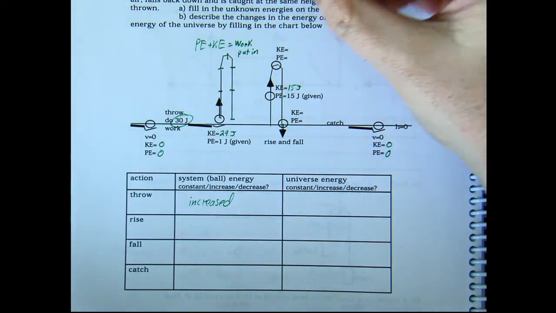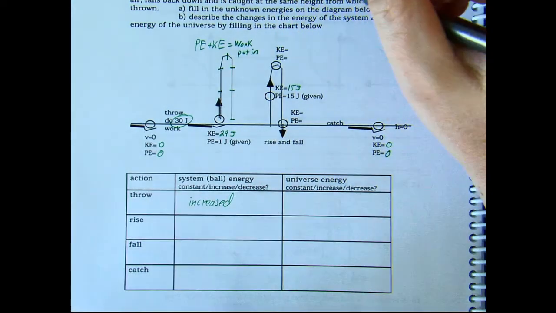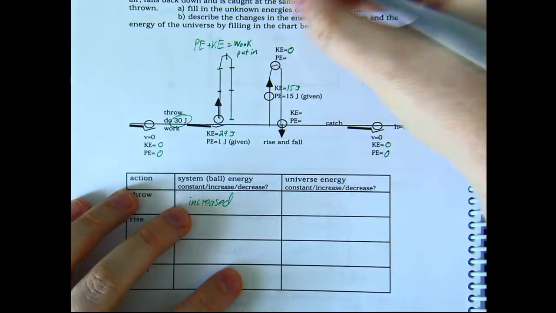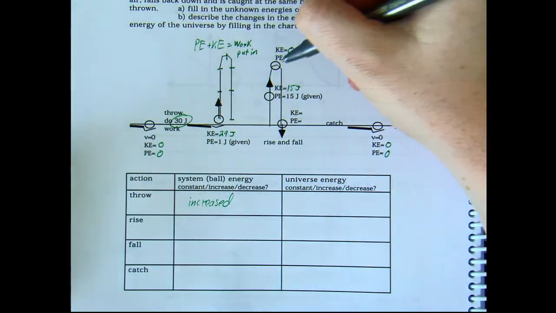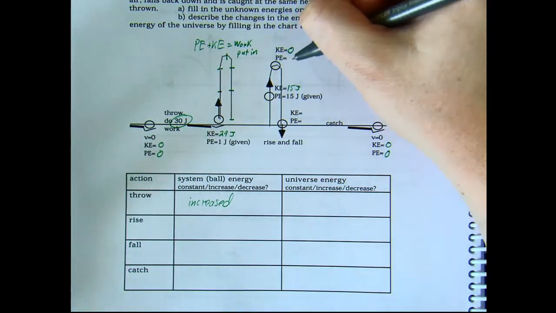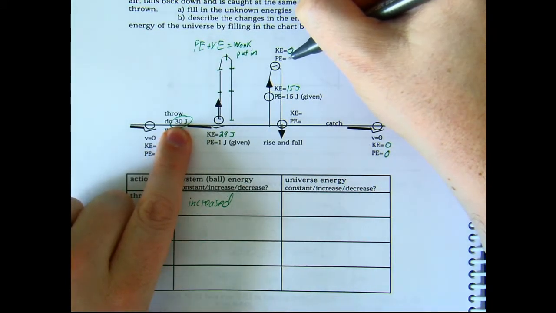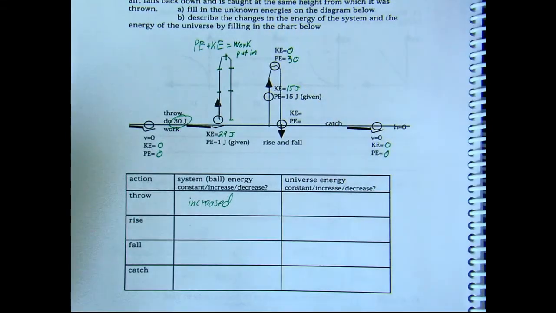At the top, what's it going to have? Well, at the top, we know that the reason it is the top is because for a brief moment, this thing stops moving. So the kinetic energy here is 0, so then what's the potential energy? How much energy is potentially available to this ball? Well, if it has no kinetic energy, all the work that we put in is what's available to this thing as far as its potential goes. So it's got 30 joules of potential energy.